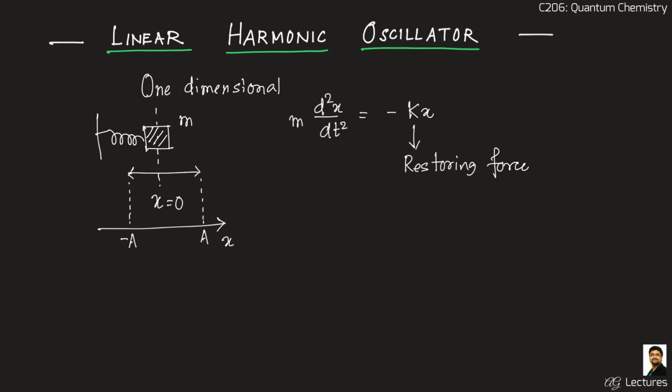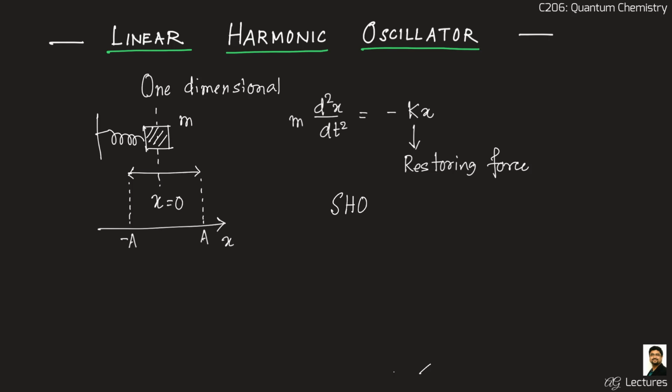And in this particular case, we are not considering any other force. For example, there is no friction, no damping, and that is why this linear harmonic oscillator can also be called a simple harmonic oscillator, or SHO.